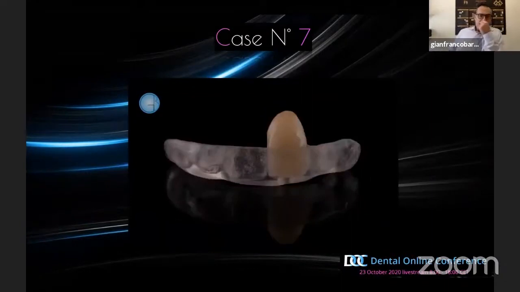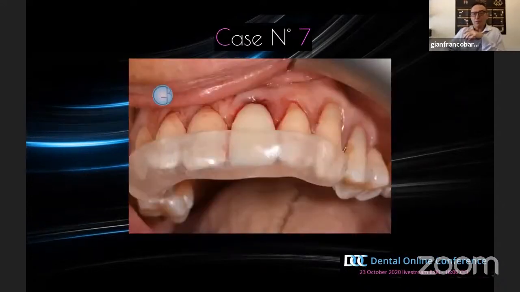Then we transform that into a temporary, and this temporary will be used in a guide by the dentist as a screw guide to put the implant.